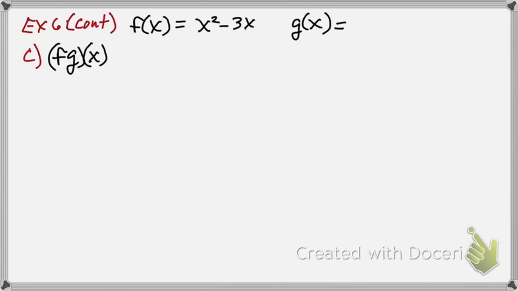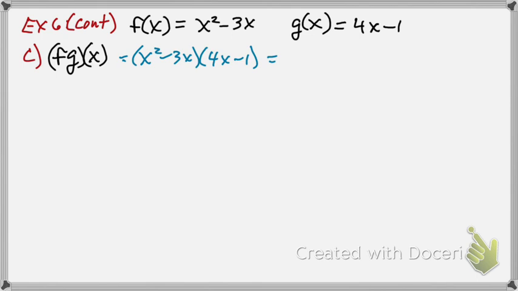Here's multiply. This is still 4x minus 1 out here. All right, so I put x squared minus 3x times 4x minus 1.